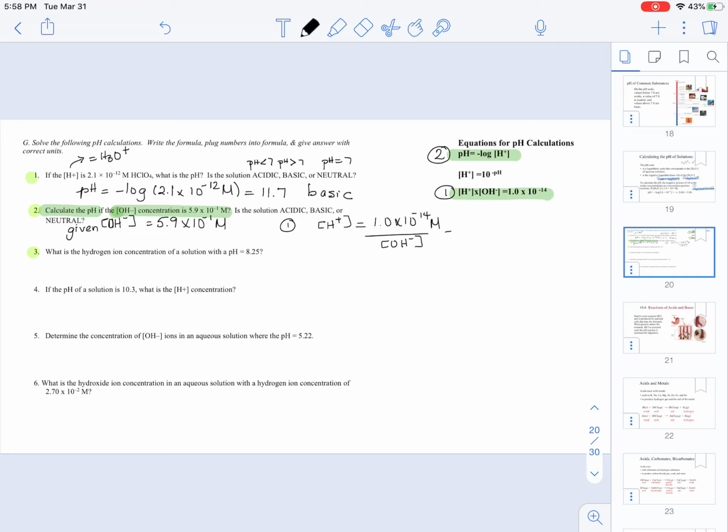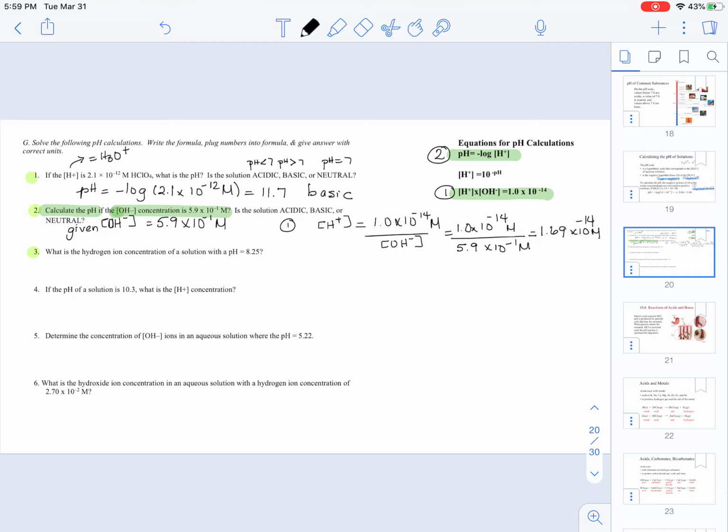So if I use 1.0 times 10 to the negative 14 molar and divide it by the number given, 5.9 times 10 to the negative 1 molar, the result is going to be 1.69 times 10 to the negative 14 molar.